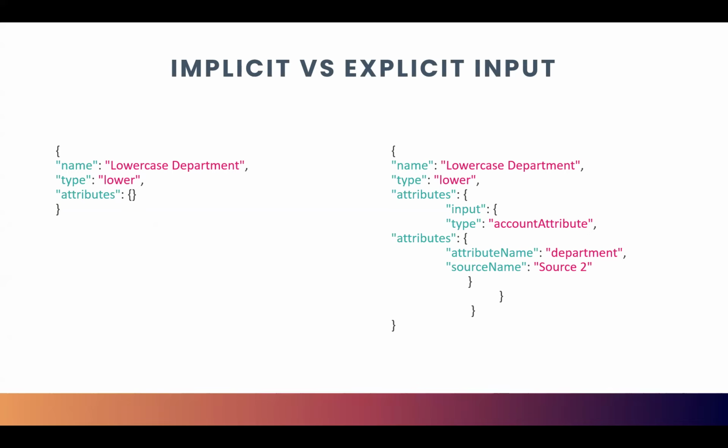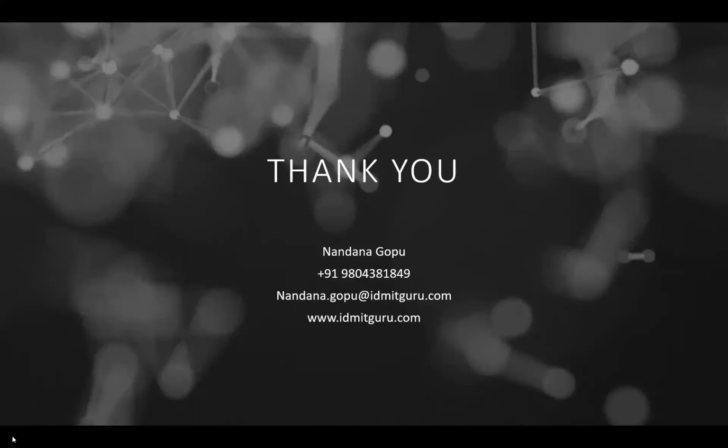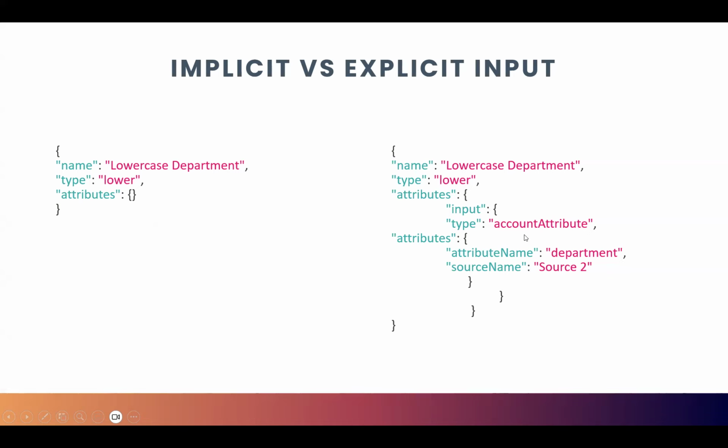If the input attribute is not specified in our transform, suppose if you see here in attributes, there is no input value given here, then this is called an implicit transform, and the value will be taken from the source from where we are applying the transform, from where the attribute value is taken. But when we consider this example, we have given some input value here. So this is called the explicit type of declaration.